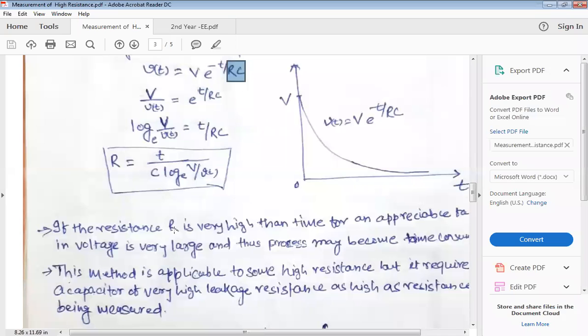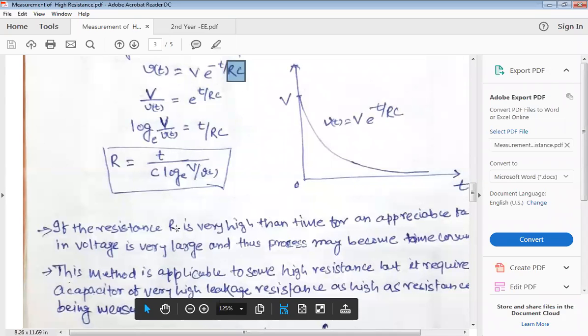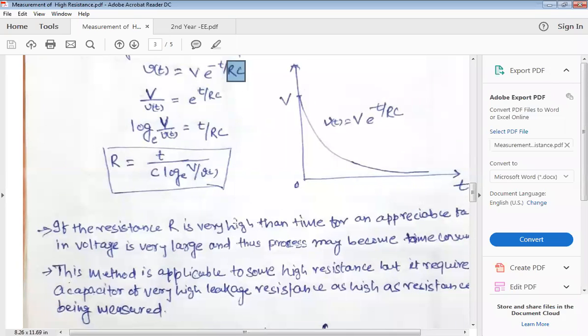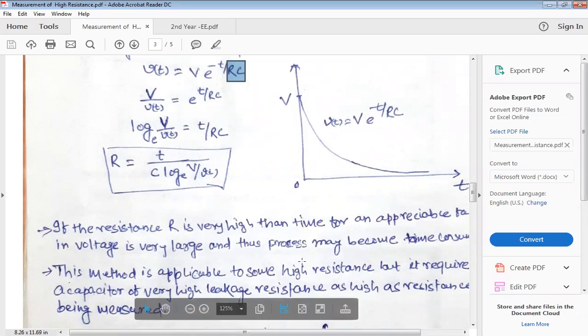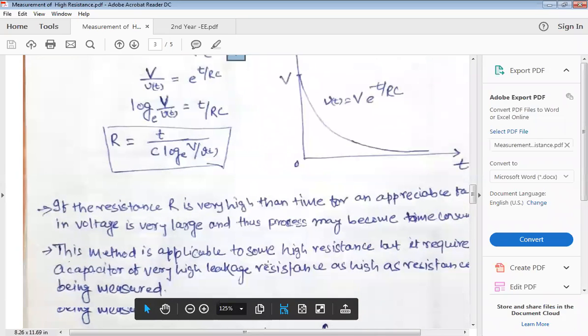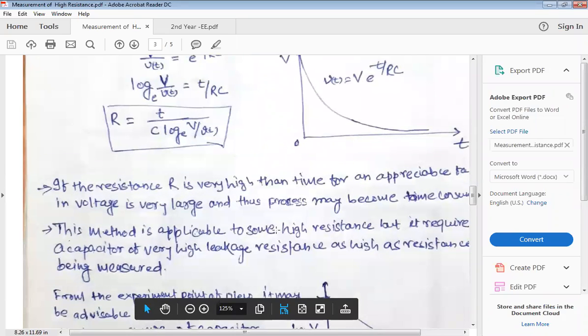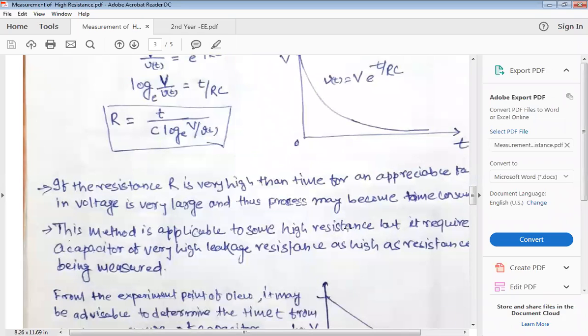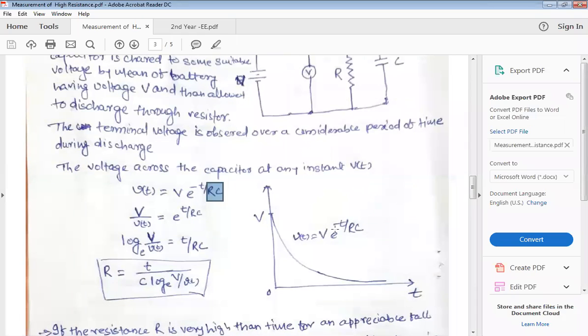If the resistance is very high, because we are trying to measure high resistance, then the time for an appropriate voltage drop becomes very large. So this method is applicable for the measurement of high resistance.